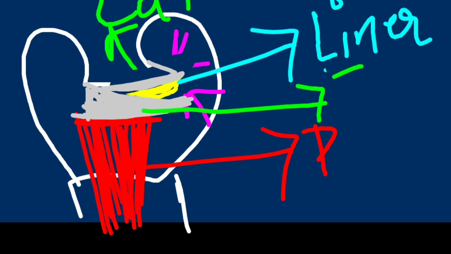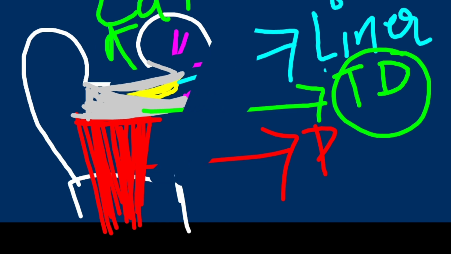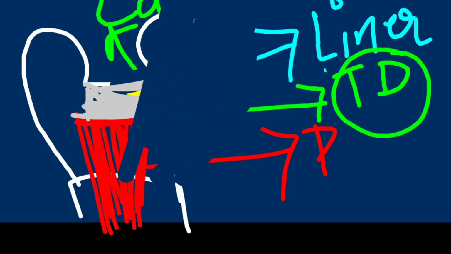This is why we use calcium hydroxide as our cavity liner, because it forms new dentine too, so that it can protect our pulp. So this is all about why we are using calcium hydroxide as our dental liner.